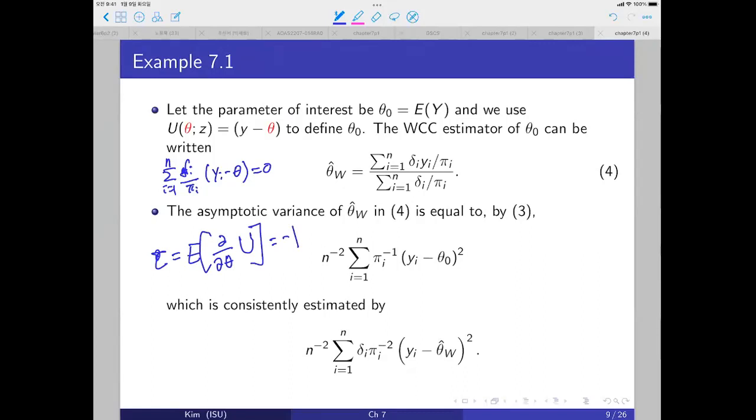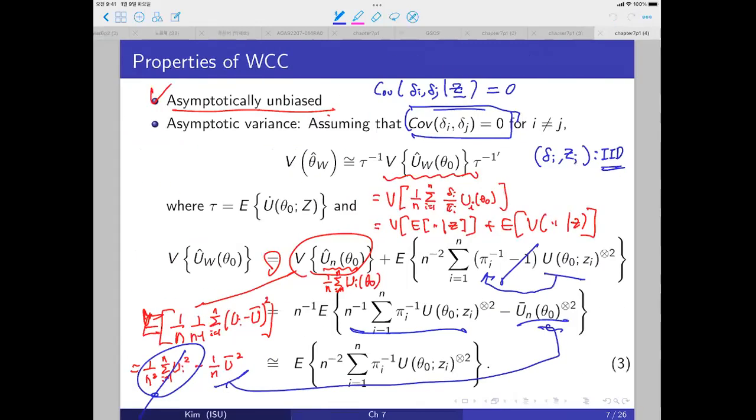So in the variance formula, remember tau inverse, variance of u hat, and tau inverse transpose. And now this tau is -1, so you don't have to worry about the outer part, and you only have to worry about this one, which is actually using the formula here.